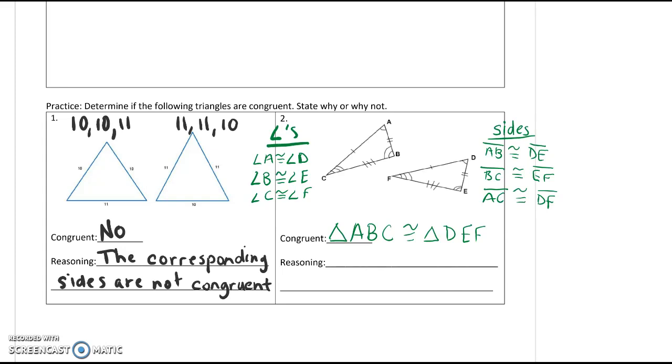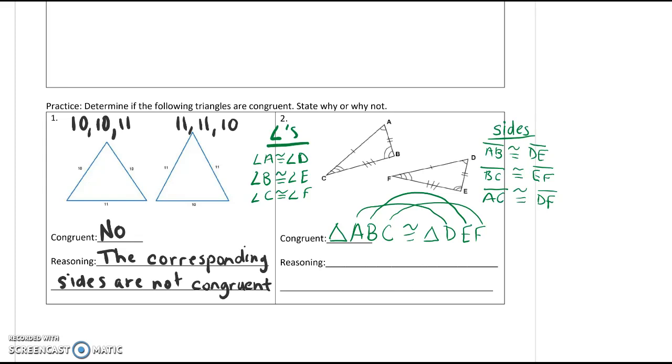Whatever letter corresponds to A, we're going to write that first, which is D. So A corresponds to D, B corresponds to E, and C corresponds to F. So make sure when you are writing your congruency statement that order matters.